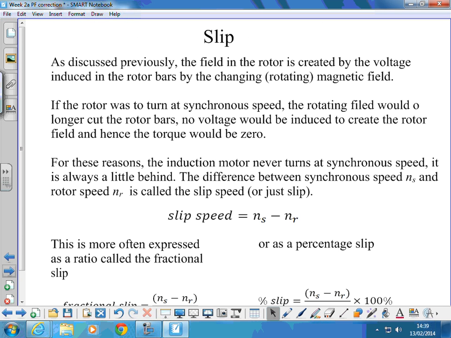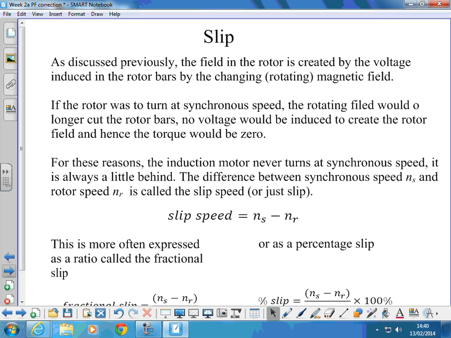What I'm going to talk about now is slip. As we discussed previously, the field in the rotor is created by the voltage induced in the rotor bars by the change in rotating magnetic field. And it's only changing if it's travelling at a different speed to the rotor. If they're both going together, then there wouldn't be any moving magnetic field relative to rotor speed, and therefore no induced EMF and no current and no field in a rotor.